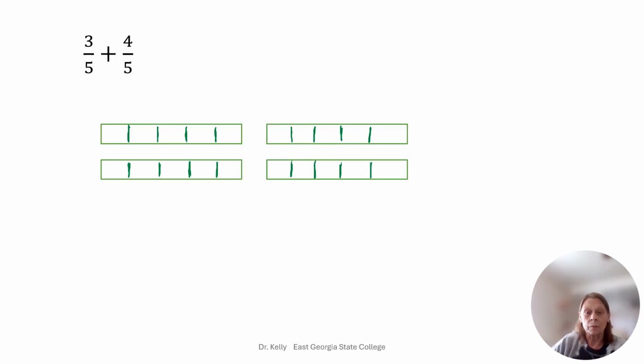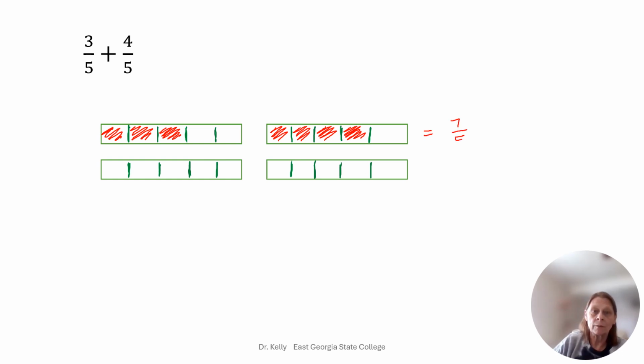Let's take a look at the bar graph model here, and let's model our 3/5 plus our 4/5. So here is my 3/5, so 3 of these sections. And then here's my 4/5. Now when you do this kind of model, you can then say it's 7/5 right from here.